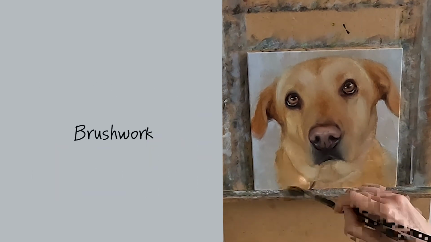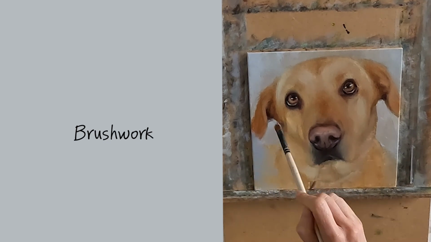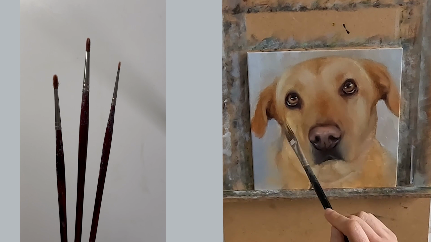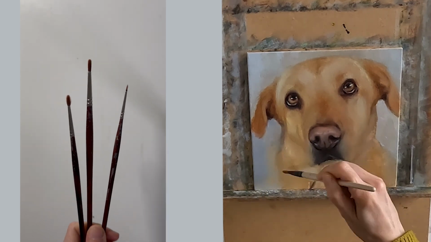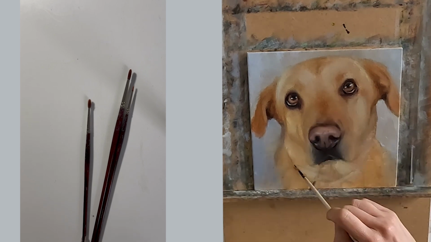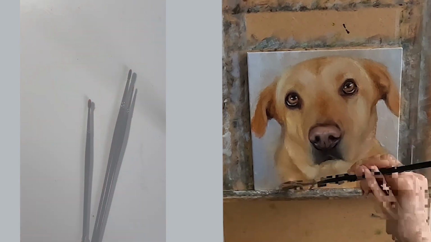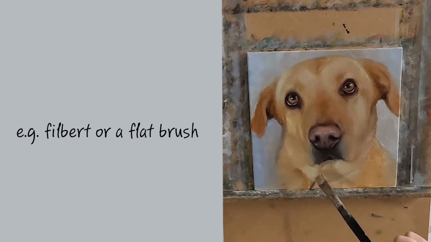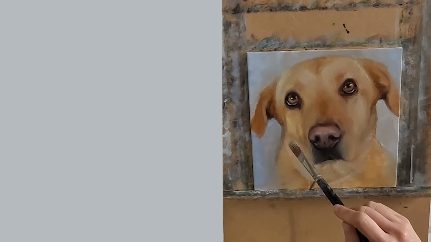I mentioned earlier that your brushwork can really help define your area of interest. I tend to use a small round brush where I want to add detail. Remember, the smaller your brush, the more strokes you will add, the more rendered the area will look. If you want looser strokes, then pick a larger brush and try and describe that area in fewer strokes.